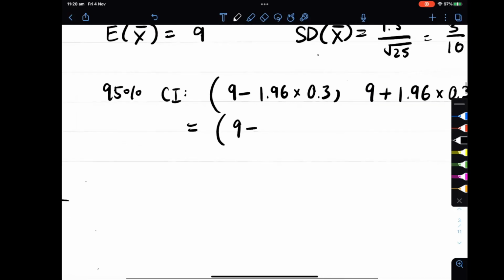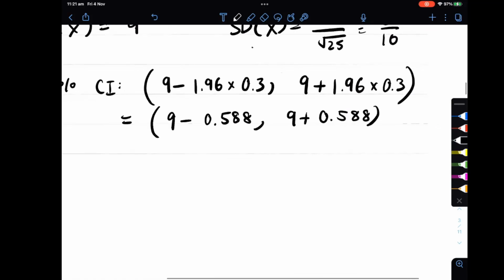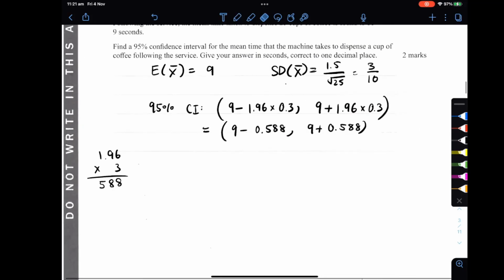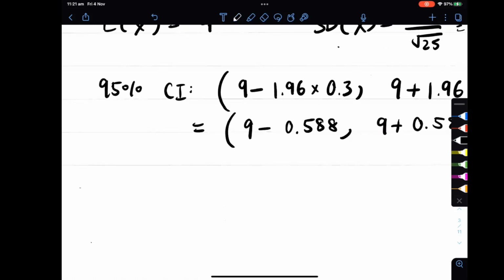Okay, so it's 588. So we get 0.588. Like that. That should be right. Right, so if we round this, we're going to get 0.4.